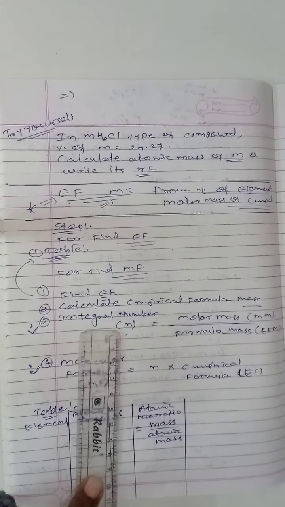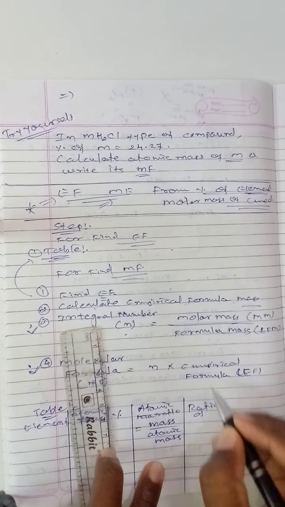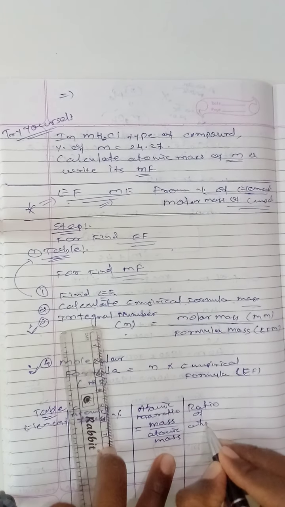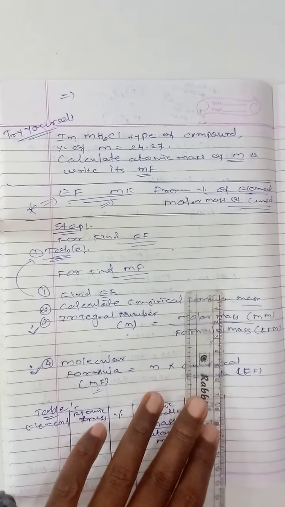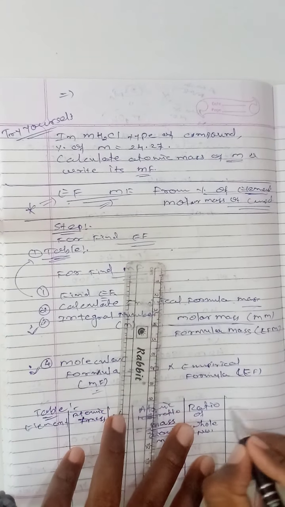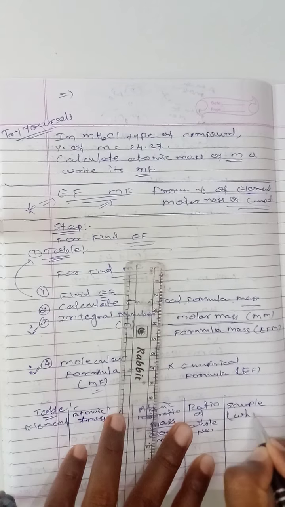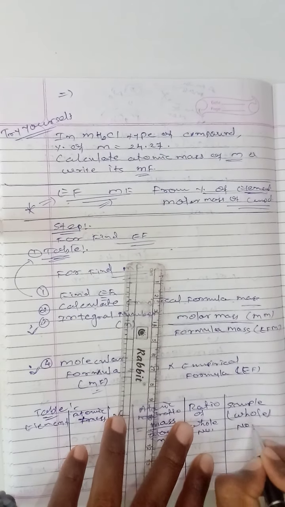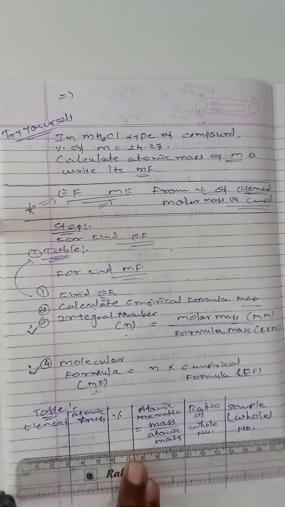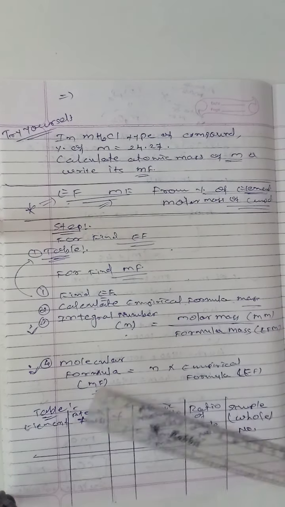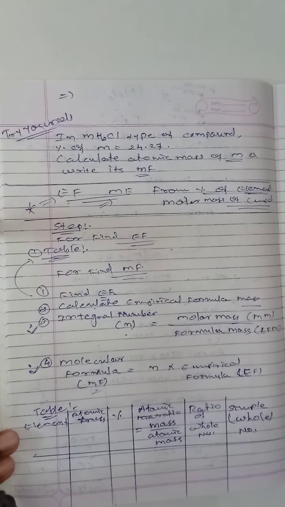Then the ratio of whole numbers, and the last column is the simple or whole number. From this table we find the empirical formula.